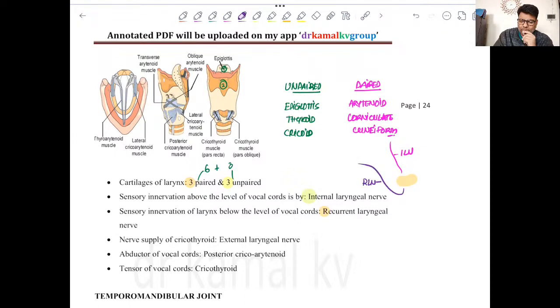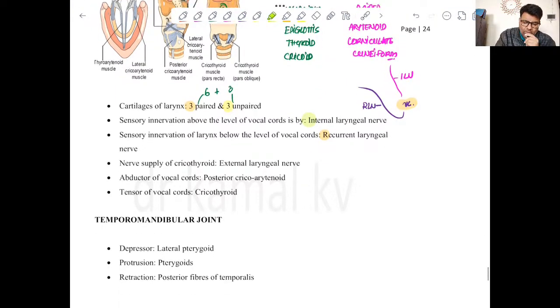Different nerves taking the sensations. All muscles of larynx are supplied by recurrent laryngeal nerve, but there is one exception, and that is cricothyroid, which is supplied by external laryngeal nerve, right? Apart from this, all others are supplied by recurrent laryngeal nerve.